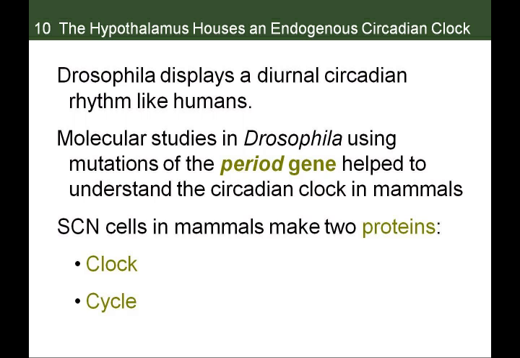Why would you want to study sleep patterns and the molecular mechanisms of anything that pertains to humans in flies? Especially when it comes to molecular and genetic stuff. Why would you want to study genes by looking at species like flies?